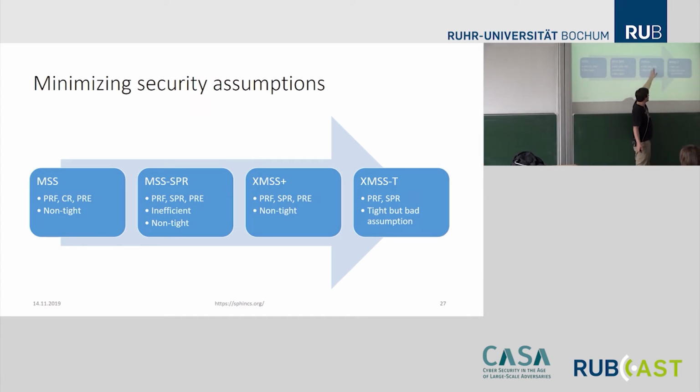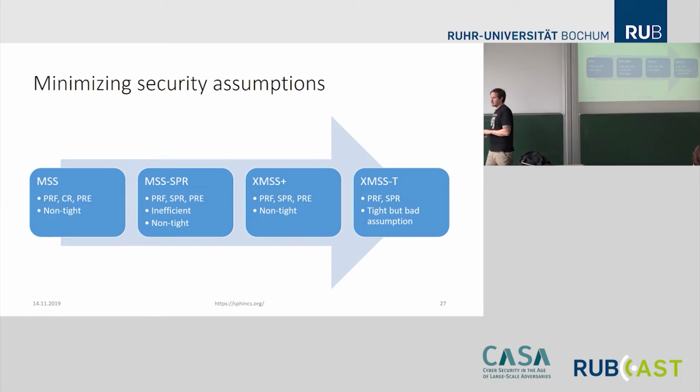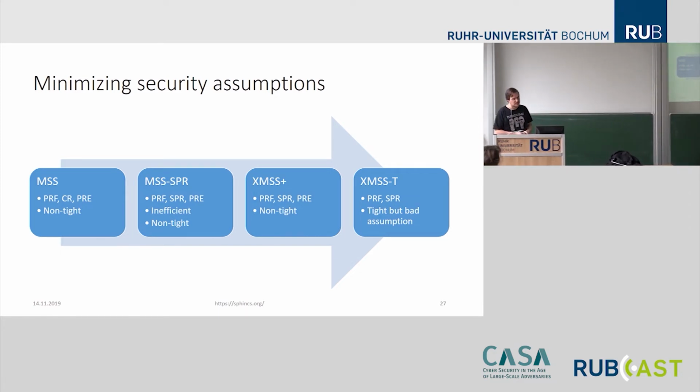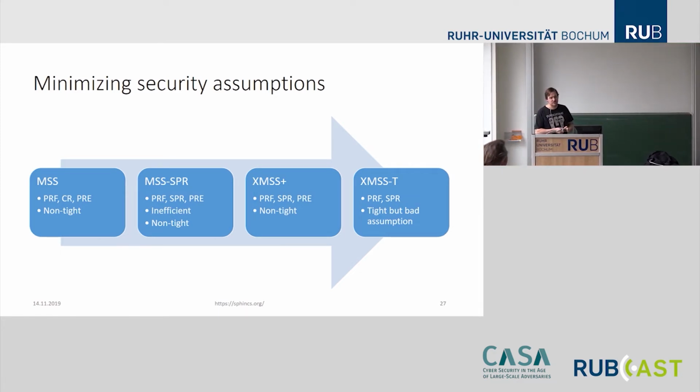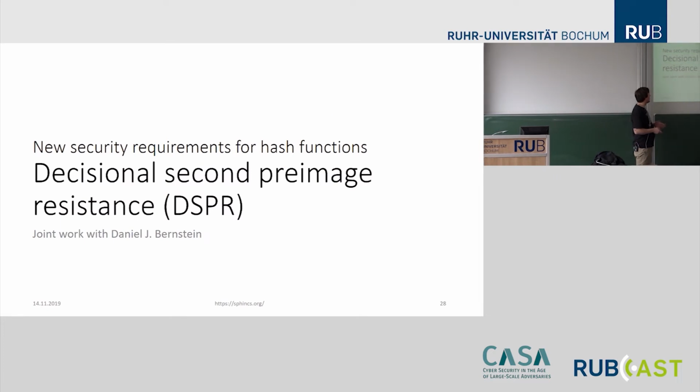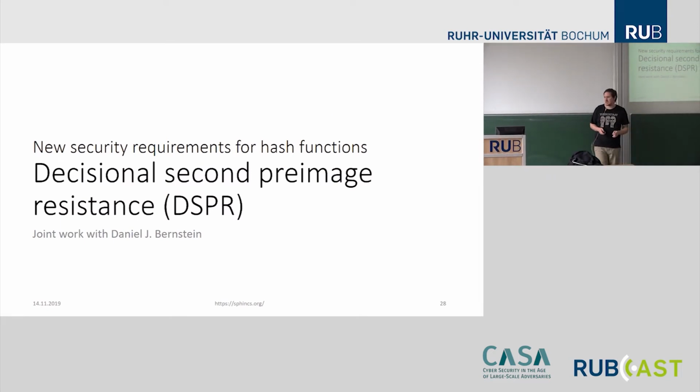At least not as a property. We derive it from second-preimage resistance and some additional structural assumption, which turned out to be too annoying to build in a hash function, so that we actually had to look into something better. So there we get a tight bound, but we earn kind of a bad assumption.